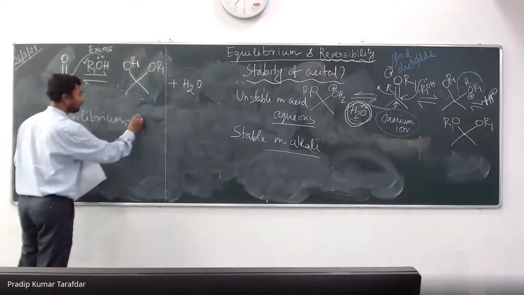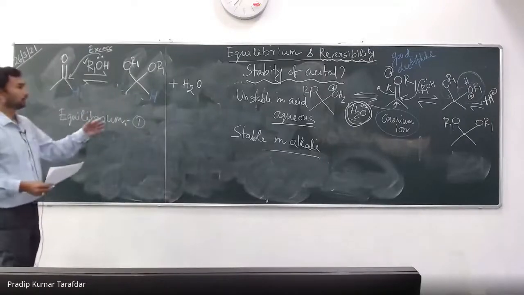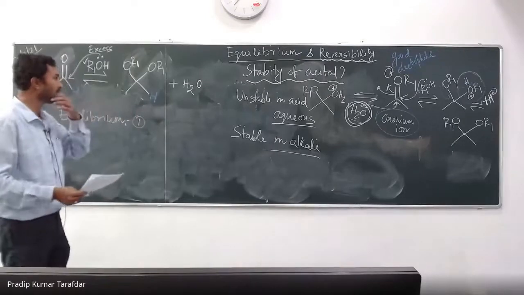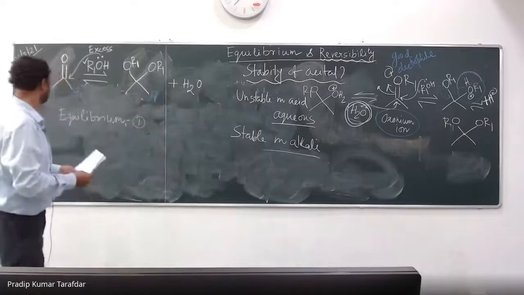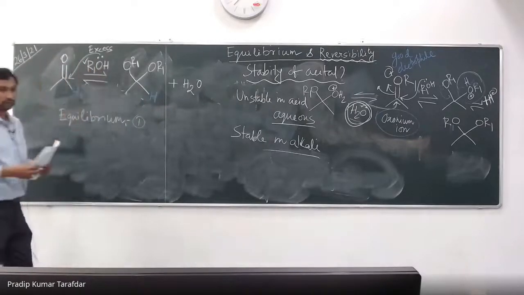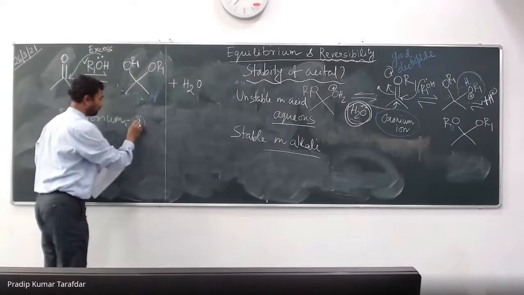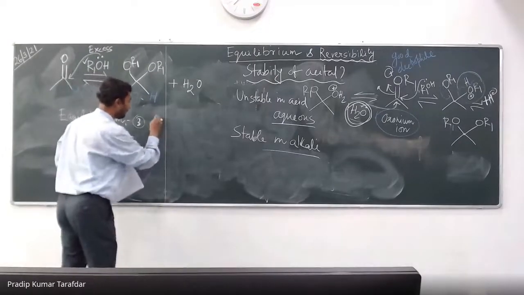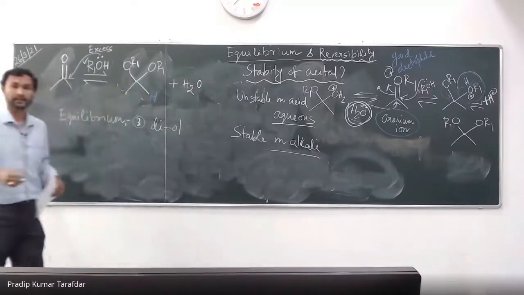One is, I wrote, to remove water with the Dean Stark apparatus and benzene or toluene, use some acid, and also use excess alcohol. We can write maybe a third point: you can use a diol instead of an alcohol.